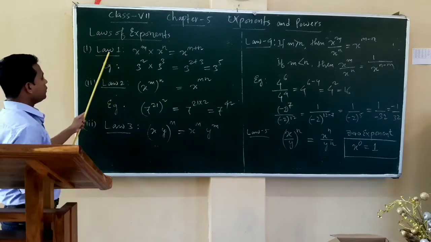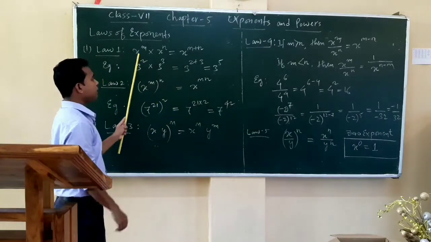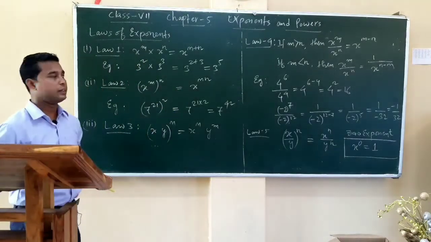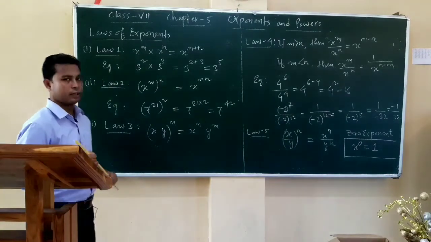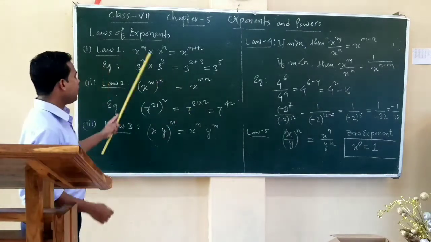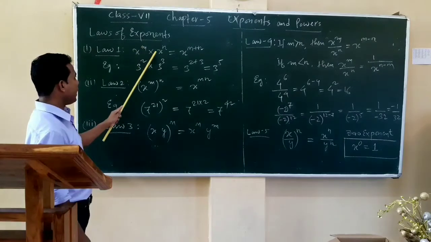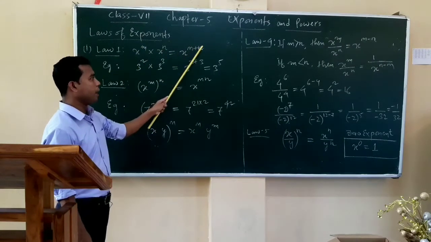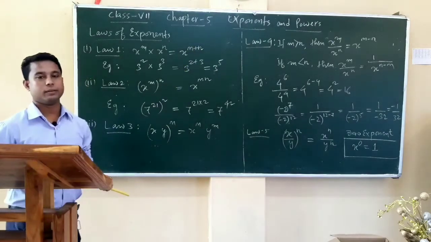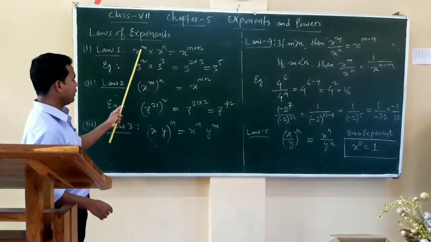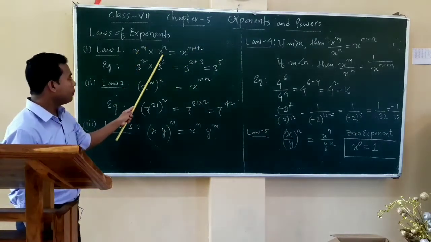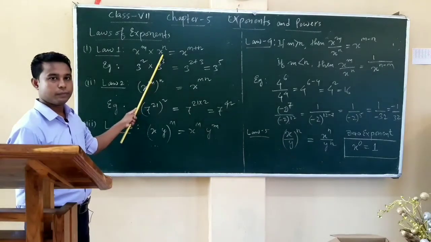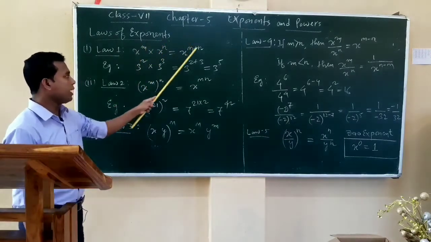Now, law 1 says that if x is any rational number and m and n are positive integers, then x to the power m into x to the power n is equal to x to the power m plus n. Means you have to add it. If the bases are same, then we can add the exponents.